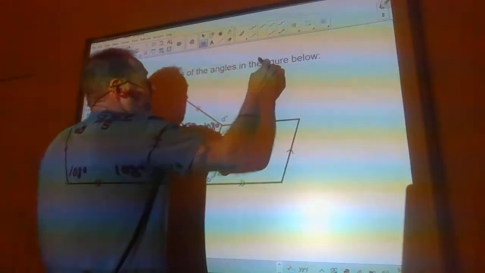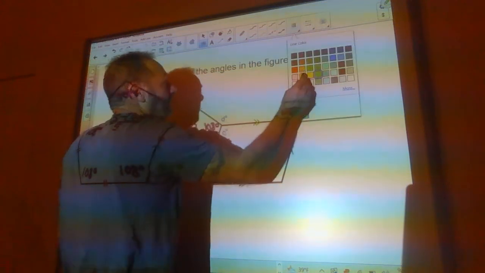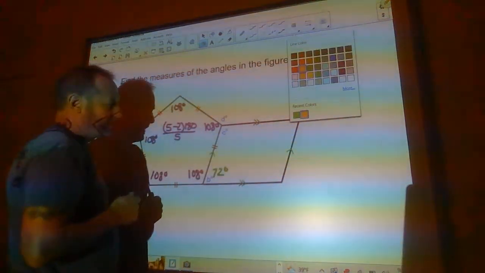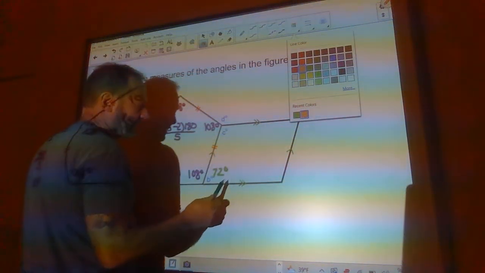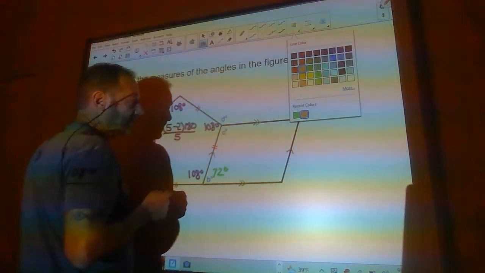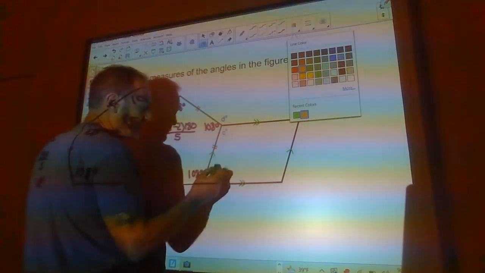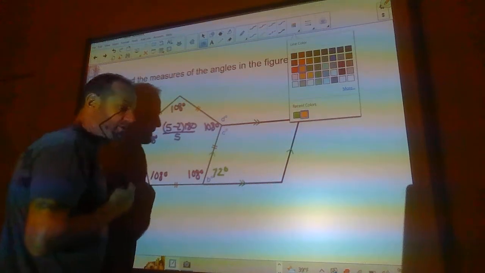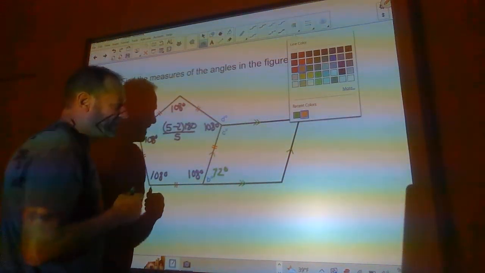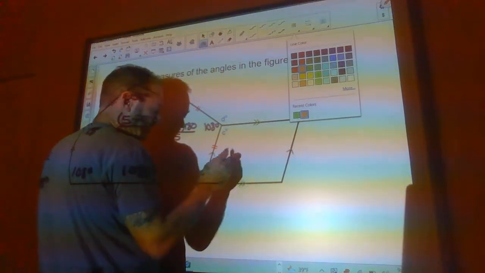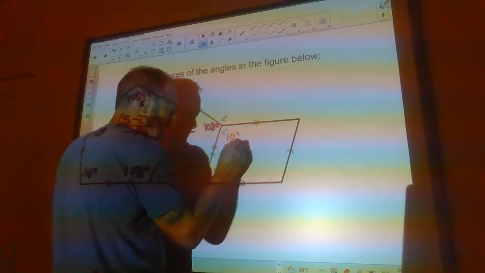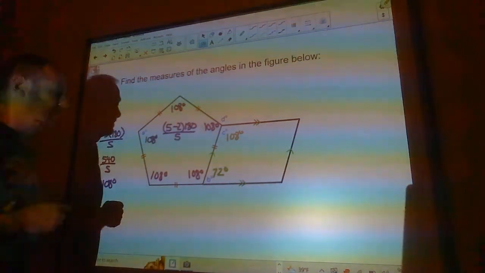Now that gives me this angle right here, because this is a parallelogram. In a parallelogram, two adjacent angles like this have to add up to 180. So this also is going to be 108 degrees.